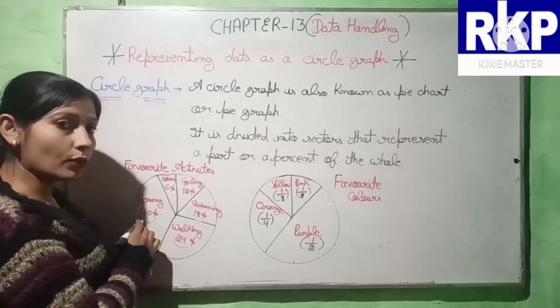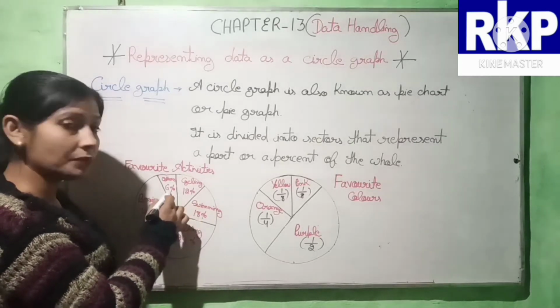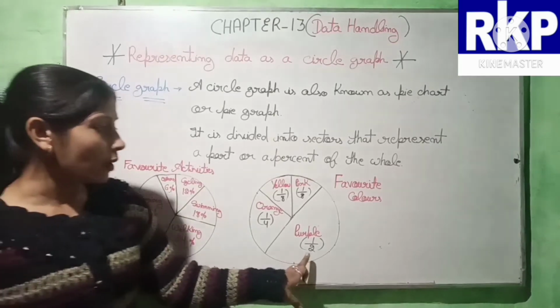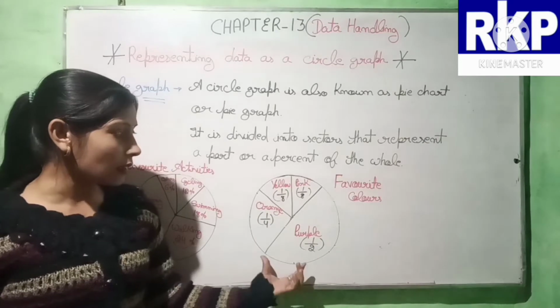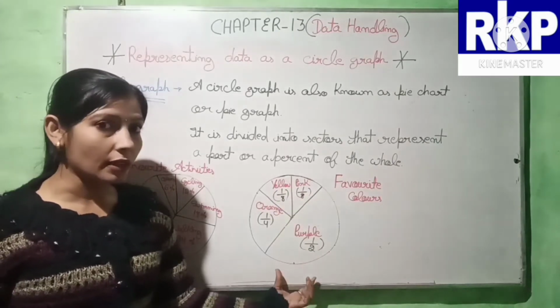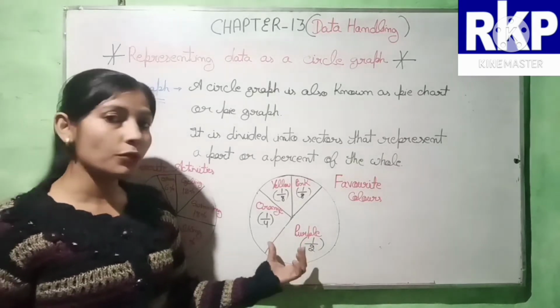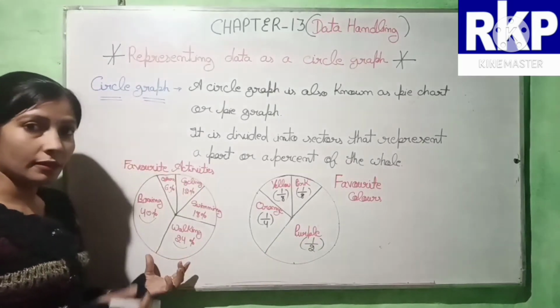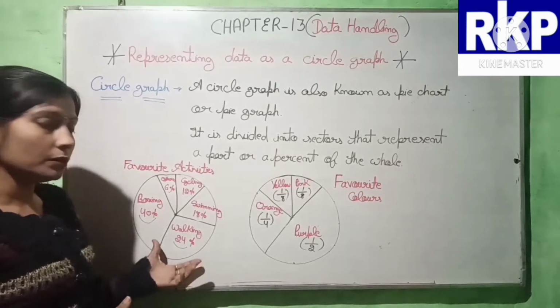Here 40%, 24%, 18%, 12% and 6%. But here 1 by 2, 1 by 8, 1 by 8 and 1 by 4. So in this circle graph, the given data is represented according to fraction, and in the other circle graph, the given data is represented according to percent.